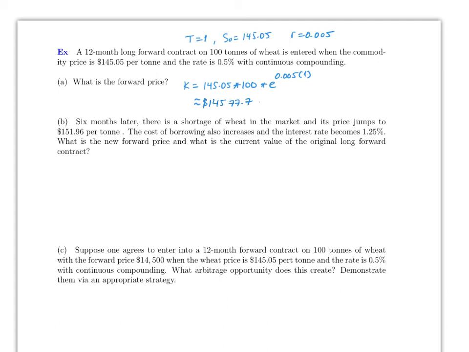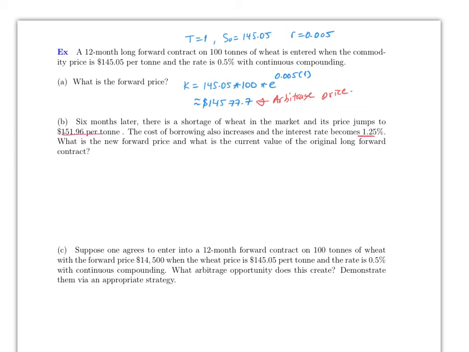Okay, so again, remember that this is the arbitrage price, which is obvious. Now this problem is very, very similar to the previous one, just to make sure that you understand this. Now 6 months later, there is a shortage of wheat in the market and the price jumps to $151.96 per ton. The cost of borrowing also increases, and the interest rate now is 1.25%.